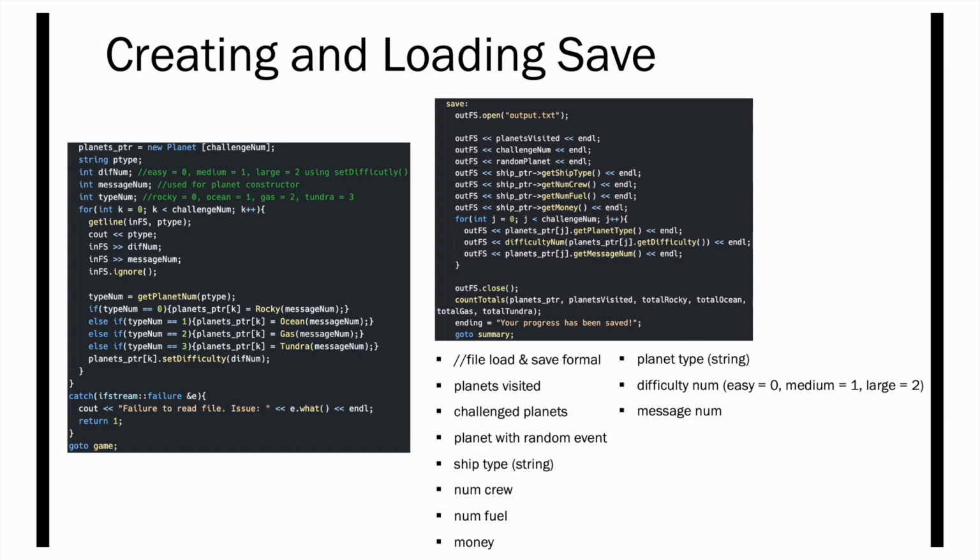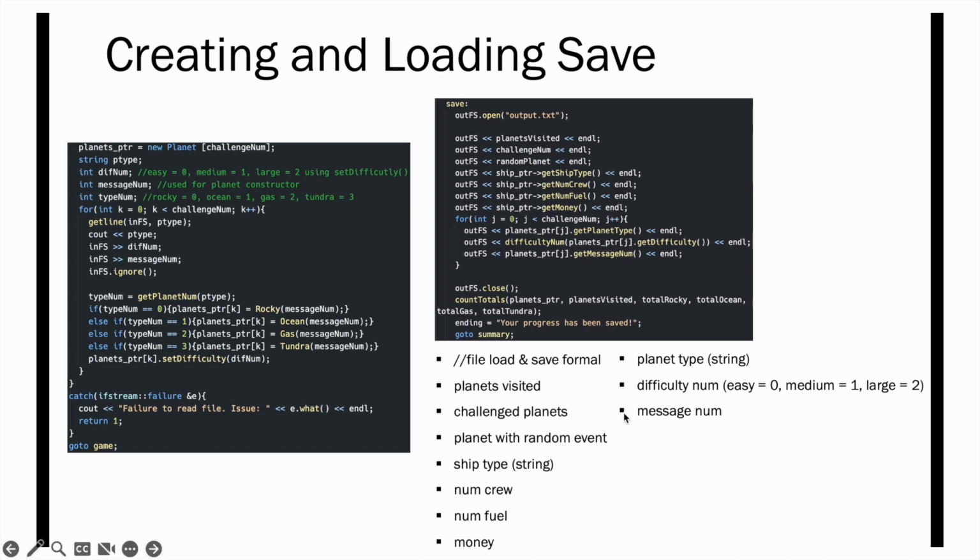The format of the save file is, it first has the number of planets that the user has already visited, then the number of planets that they challenged, or the number of planets until you win. Then you have the number of the planet where the random event is supposed to happen, which is always generated when you first create a game and it never changes. Next, you have the ship type, which is a string, and the current amount of crew, fuel, and money.